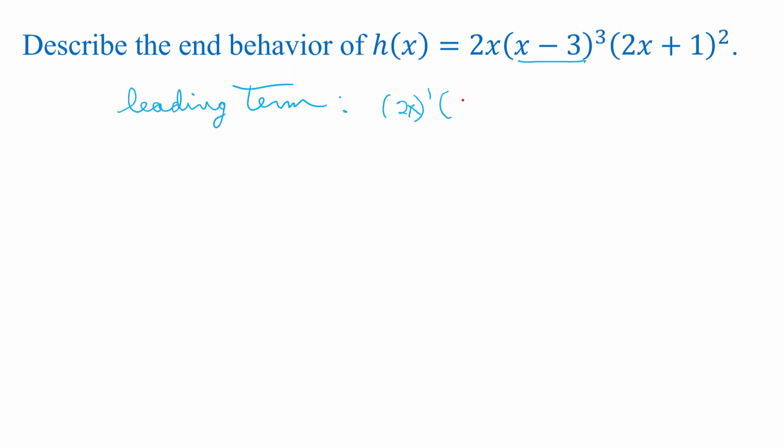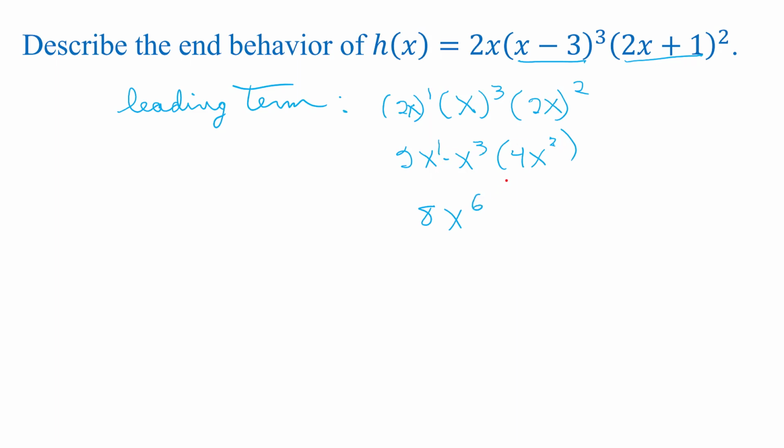The leading term there would be x. We take x raised to the third power. For 2x plus 1, I take 2x, raise it to the second power. So we have 2x times x cubed times 4x squared, or 8x raised to the 1 plus 3 plus 2, the sixth power.